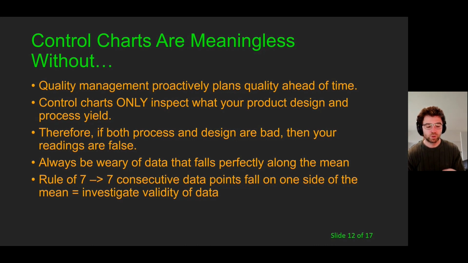Even if it's saying it's correct and within your mean, does it actually mean you're producing quality material, right? And that's not necessarily the case. One tool we have from data science is the rule of seven, where if we have seven sets of points that fall exclusively on one side of the mean, you investigate the validity and integrity of your data.